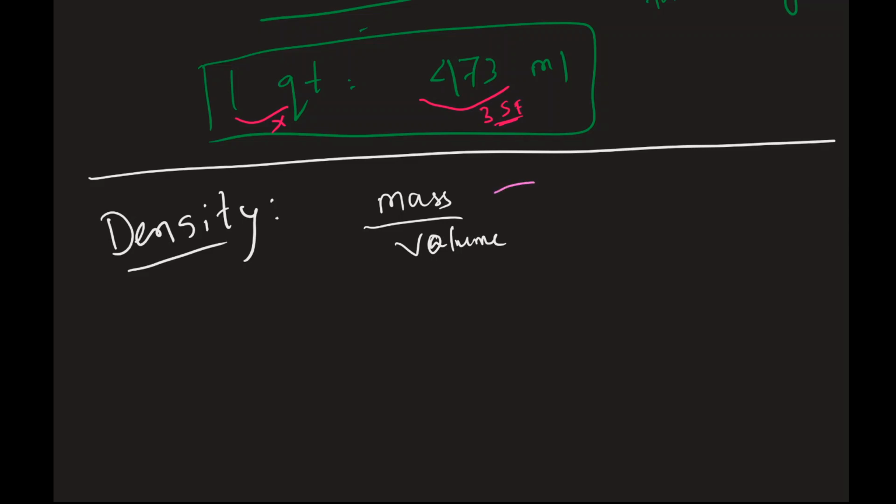Mass is a measured number, so you have to measure your mass. Volume is also a measured number. So if it is a measured number, then both of them should have some sig figs, right?